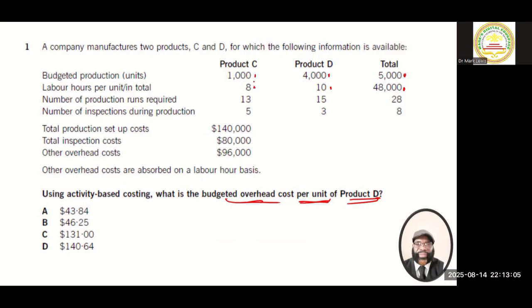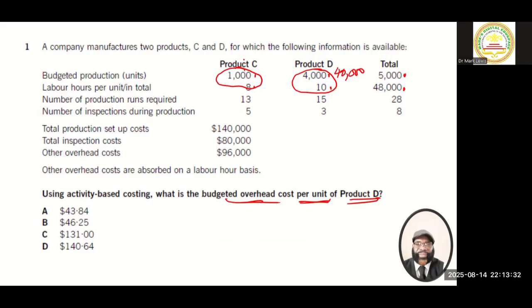It is important to note that since we are talking about units and hours per unit, we can multiply these two, and for product D it would be 40,000 labor hours to produce those 4,000 units. Similarly for C, but we are not focusing on C.